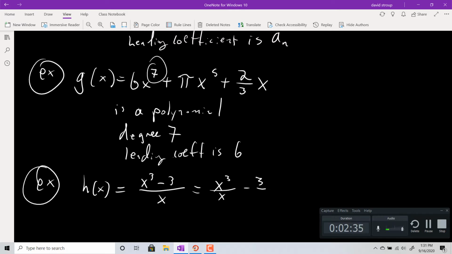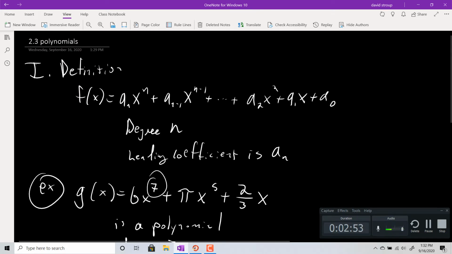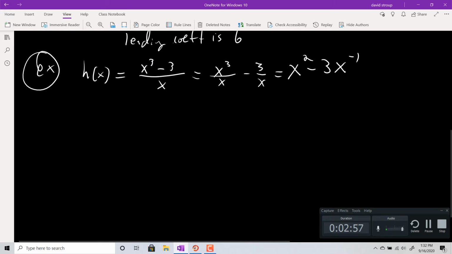Maybe it will. But as soon as you see a negative exponent, you're out. In the first one, 3 x's all over 1 x will leave you with 2 x's, so you get x squared. The other guy, if you rewrite it using your rules of exponents, would be 3x to the negative 1. You can't have negative exponents. All of the n values have to be counting numbers, like 1, 2, 3, 4.